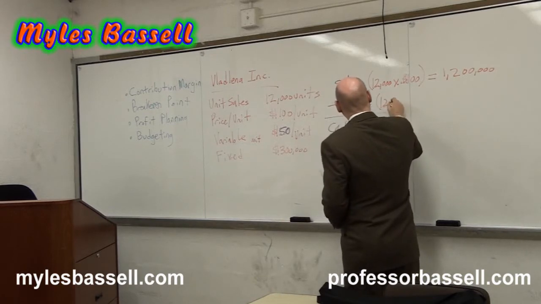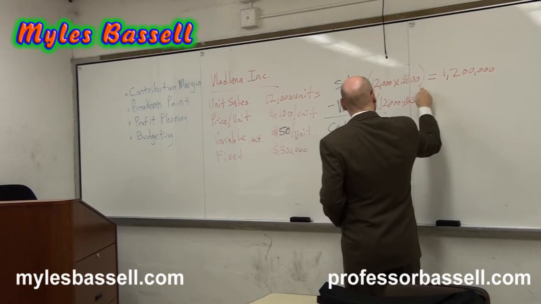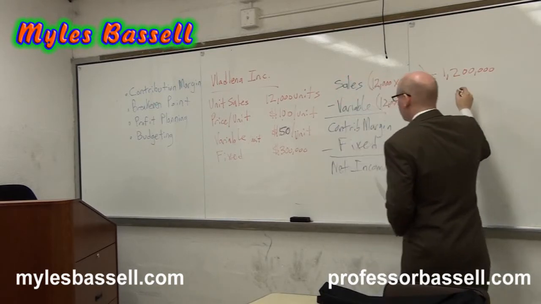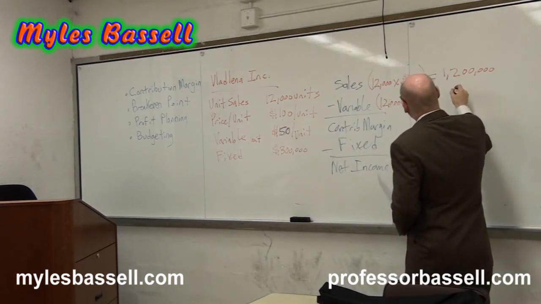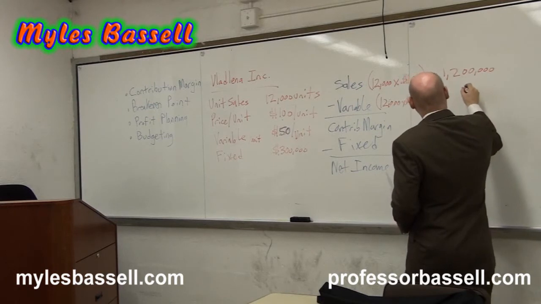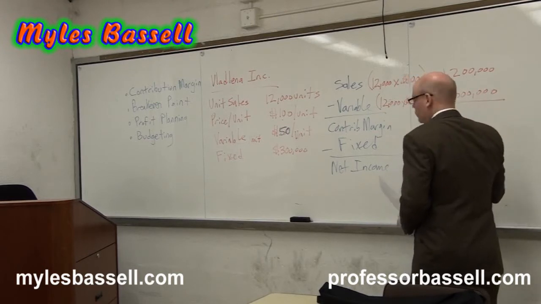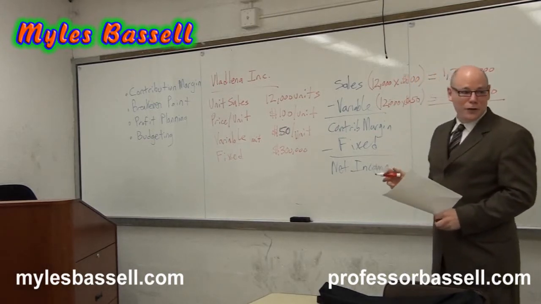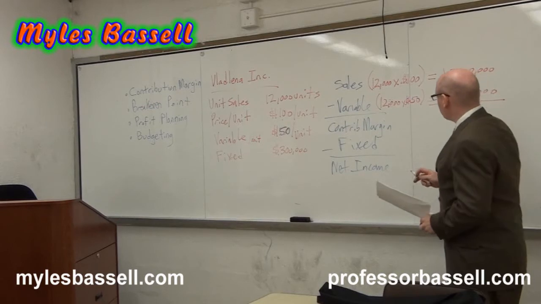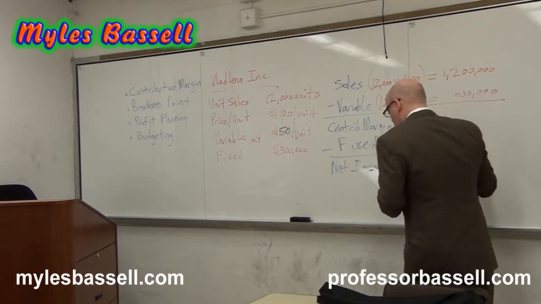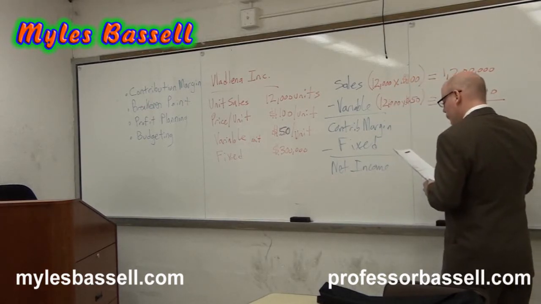So 12,000 units times $50 equals 600,000. Everybody follow so far? And that gives us a contribution margin of how much?